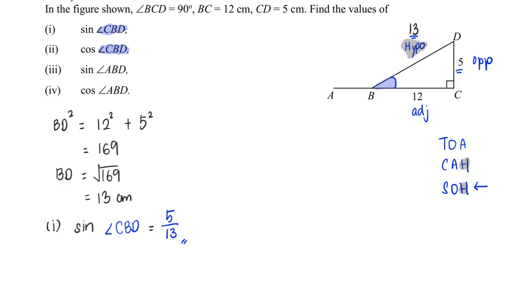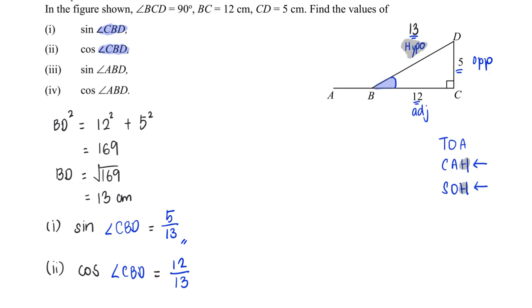Done. They only require us to find the sine ratio, not the angle. Same goes for part 2. Cosine of this blue color angle CBD, CAH, adjacent side is 12. Hypotenuse is still 13, so it's 12 over 13.